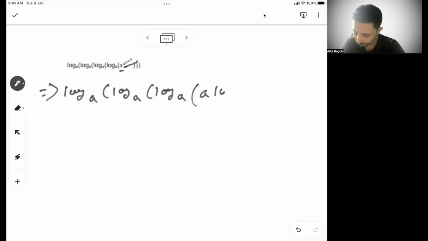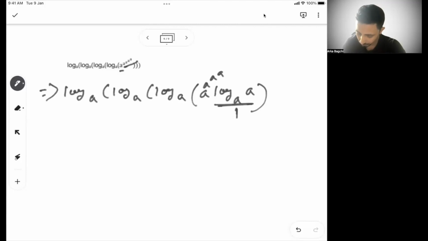So if I just want to keep one A here, the whole 4 powers will come out. Then it will become log of A base A. Now log of A base A is 1. So this entire term is nothing but 1.